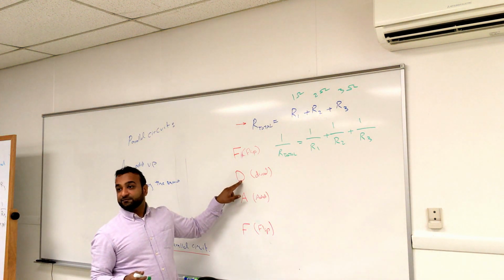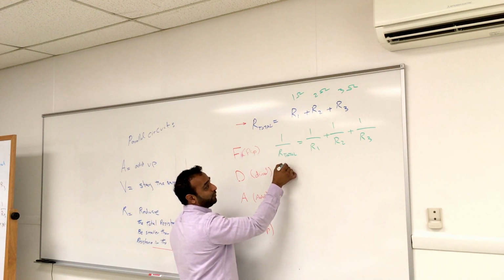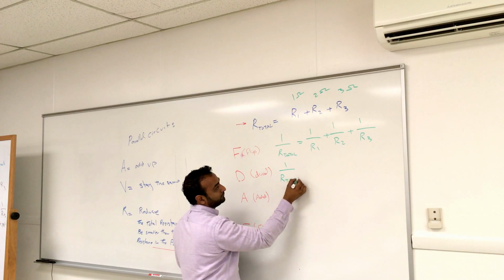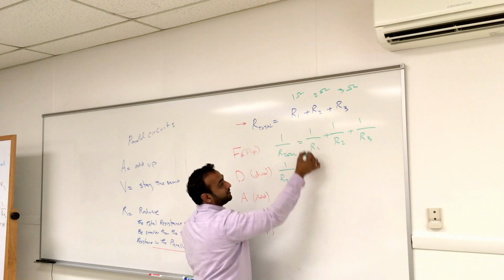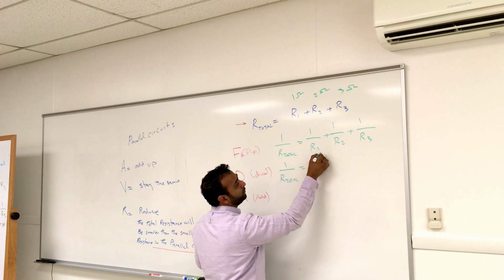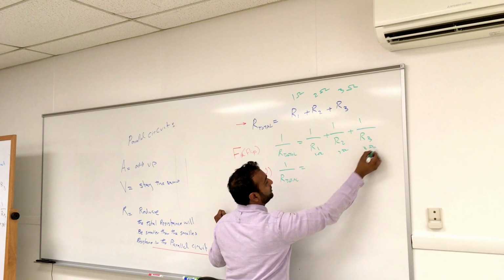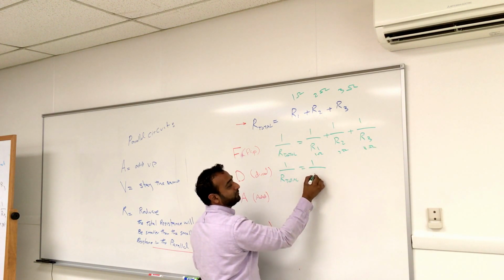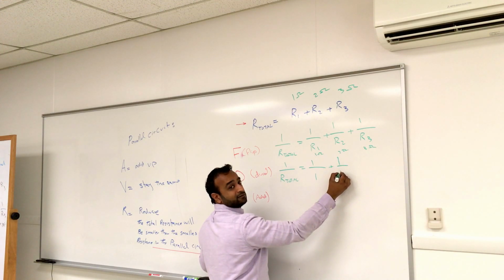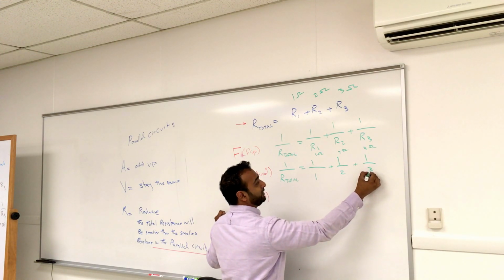I'll divide. So since I don't have a number, this is what I'm looking for. I'll go with 1 over R total. This is 1 ohm, 2 ohms, 3 ohms. So this will be 1 over what? 1. 1 over 2. 1 over 3.